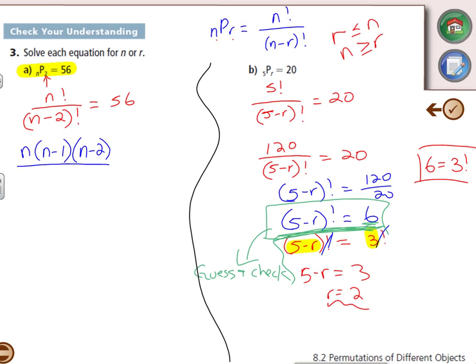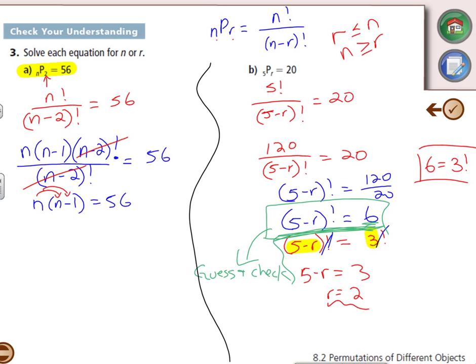Oh, hey, I see the same thing that's underneath, the n minus 2. So I'm going to slap factorial, because it just keeps going down to 1. I can expand and then factorial from that point, because it just means take it from there down to 1. Or n minus 2 factorial. The same thing we did with the 5 on the other question. Those two are the same. They will cancel off. Equals 56. Now I'm left with n times n minus 1 equals 56.